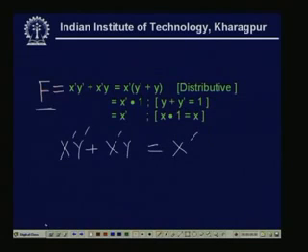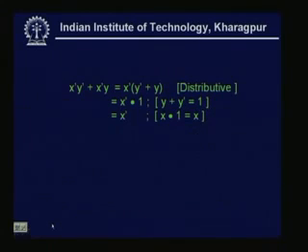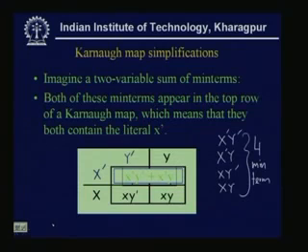Now, how can we tell from the Karnaugh map that this is x dash? See, for the first row the literal is x dash. Now, the function consists of two minterms, the first element of the first row and the second element of the first row, and this is a 2 by 2 table.